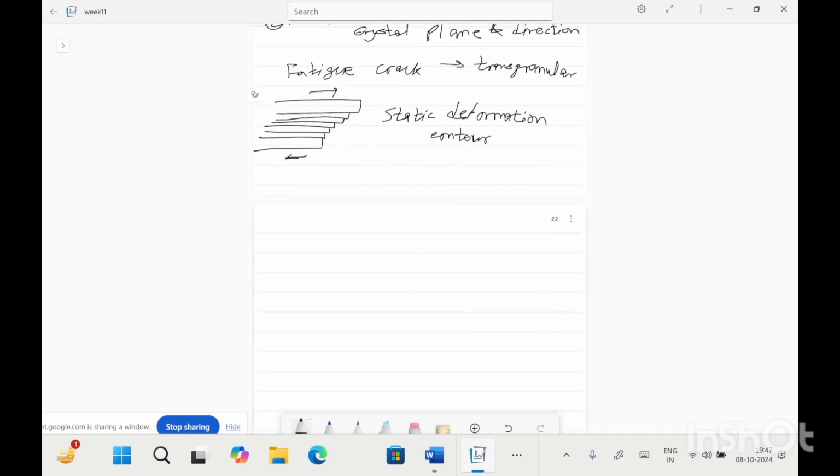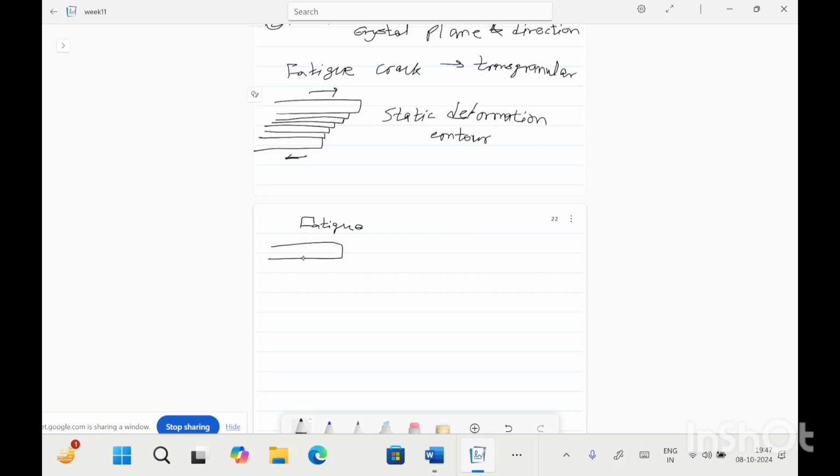But in fatigue deformation, there is a change of loading direction: one is tensile loading and the second is compression loading. Due to the change of loading direction, the slip bands will form intrusions or extrusions due to the back and forth movement of slip planes.